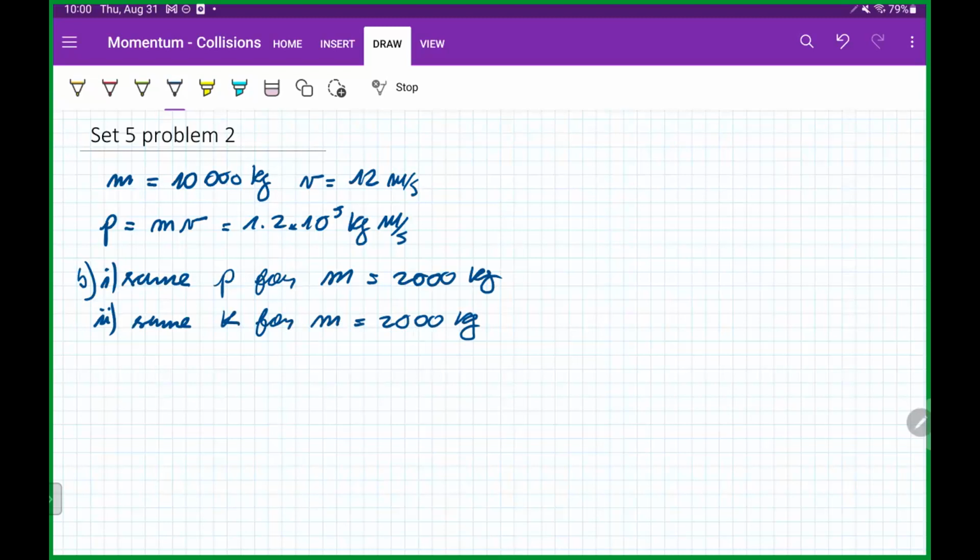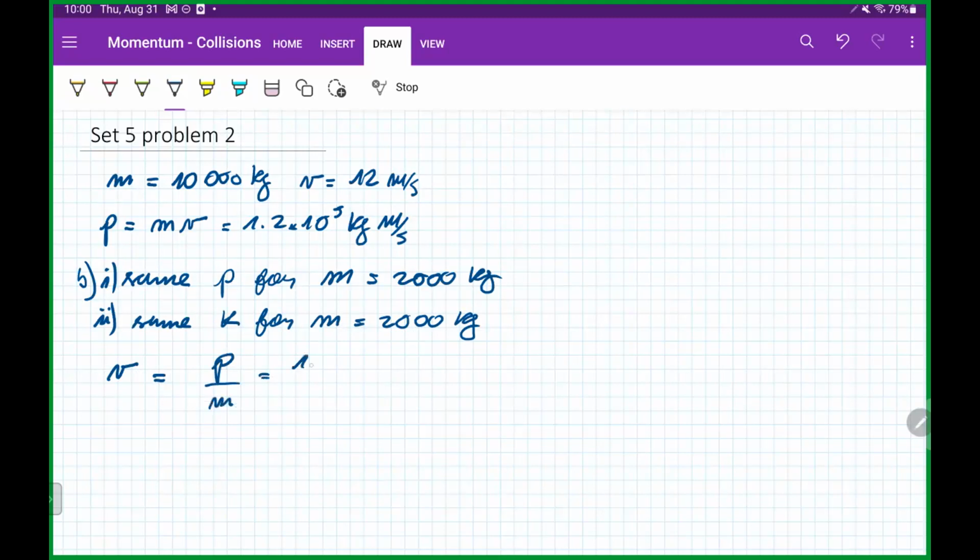Right, so we can calculate the velocity, the speed actually, of that SUV, taking the P that we calculated before, divided by the mass, right?